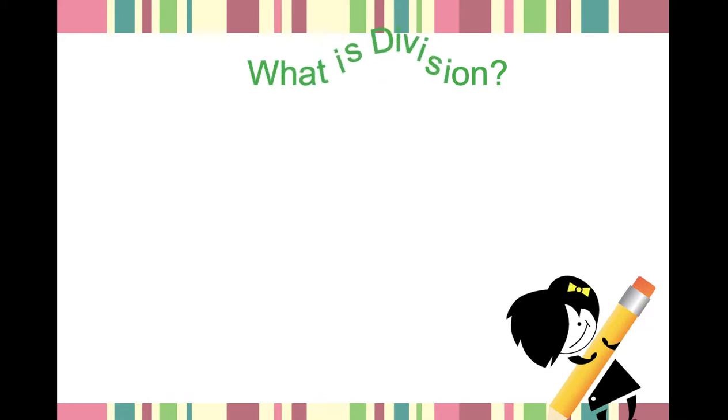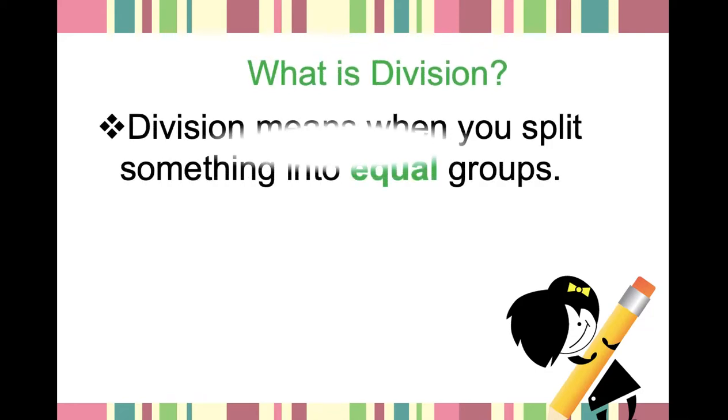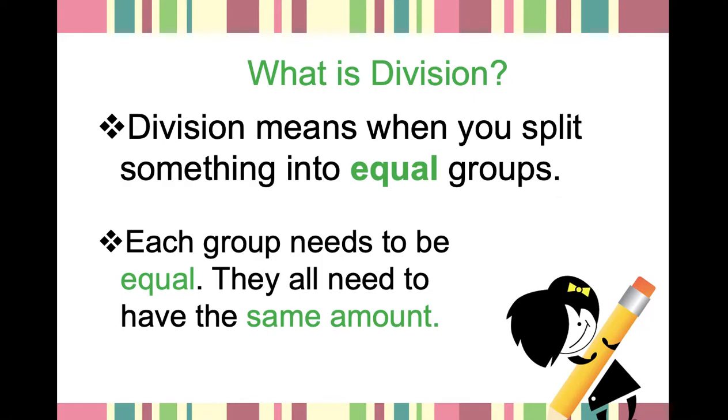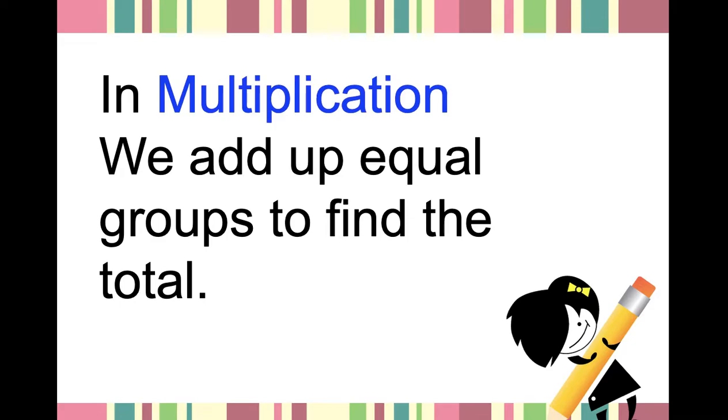What is division? In short, division means splitting something into equal groups. That is, dividing things into equal groups, and they all need to have the same amount. Okay, this is very important. When you are dividing anything, you should divide in the same amount, with the same number of objects in equal groups.